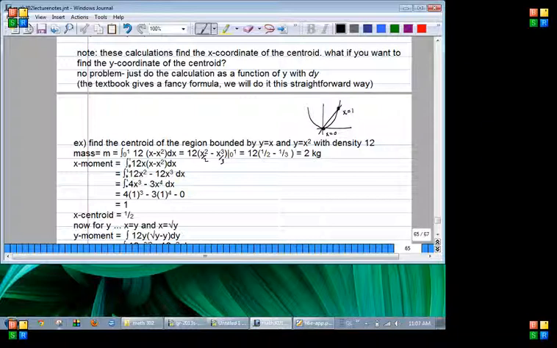Which one's on top and which one's on bottom? If you think in terms of dy, what was the parabola, which we're now thinking of as the square root function, is the one on top. And y equals x, or x equals y, is now on bottom.